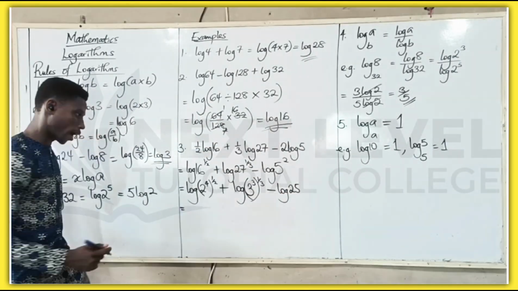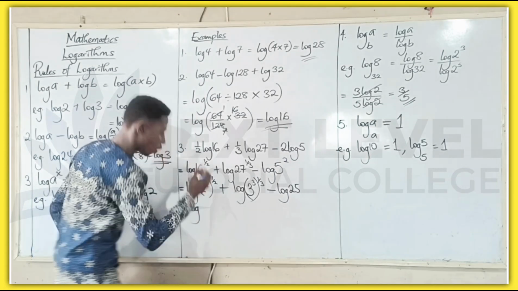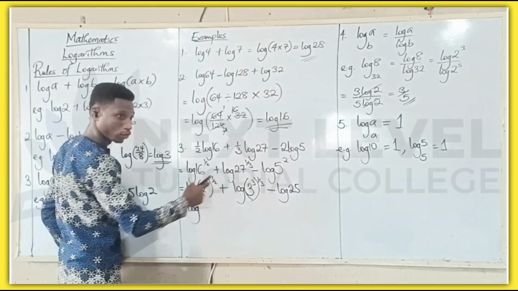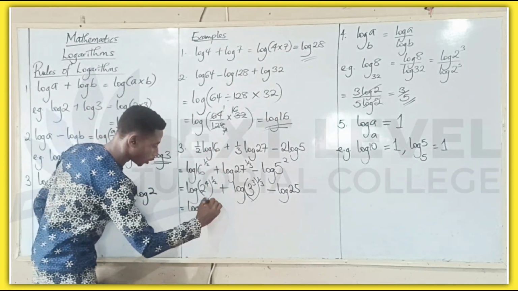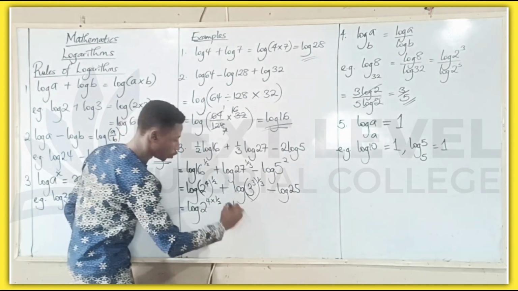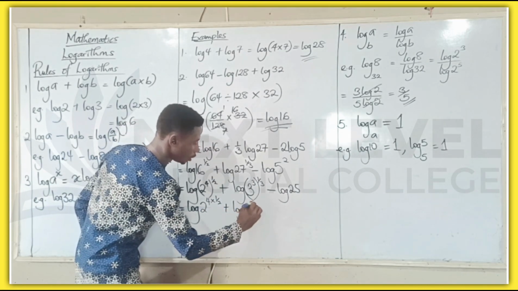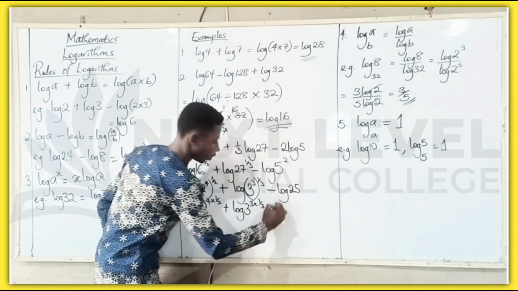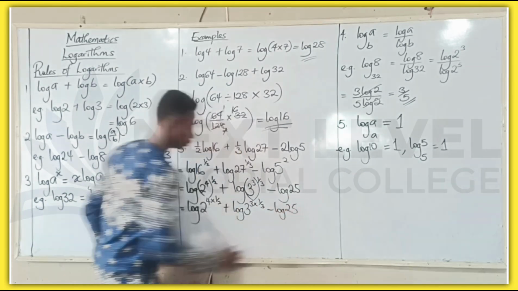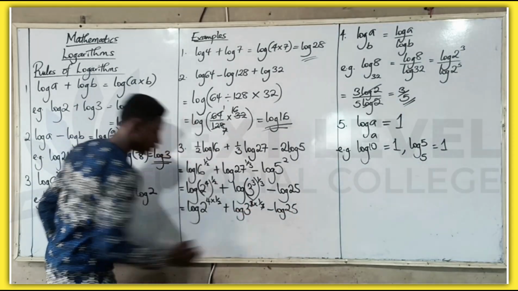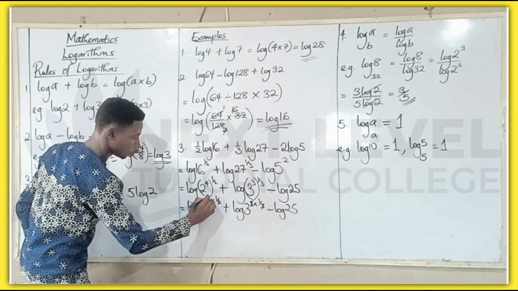Here now, I have log where we have a power to another power, so the two powers multiply, and we have log 2 raised to power 4 times 1 over 2 plus log 3 raised to power 3 times 1 over 3 minus log 25. So 3 can cancel 3 here, 2 can go in 4 here 2 times.